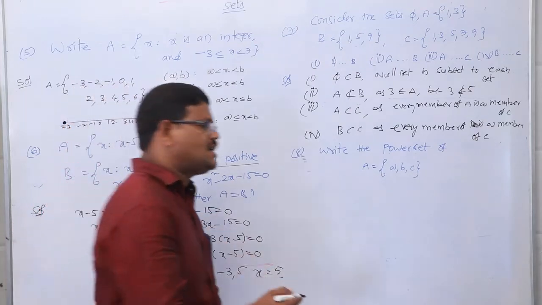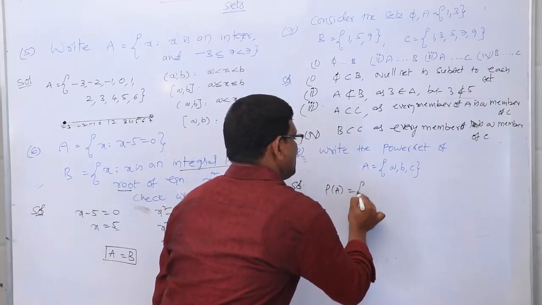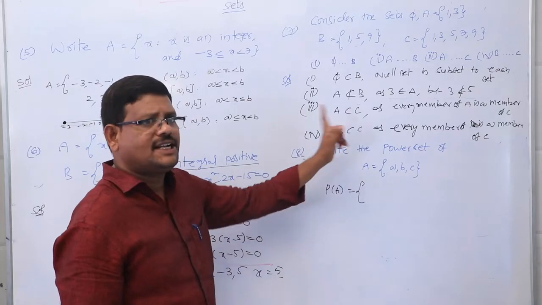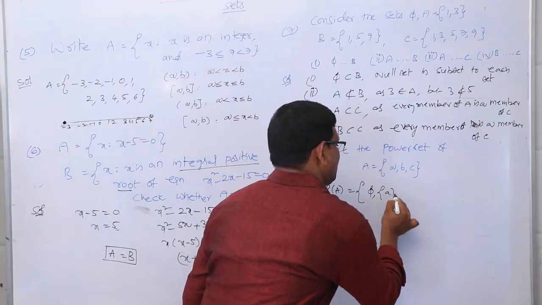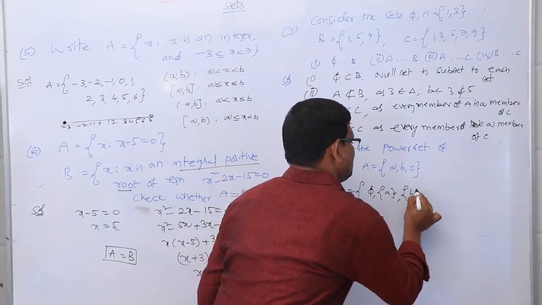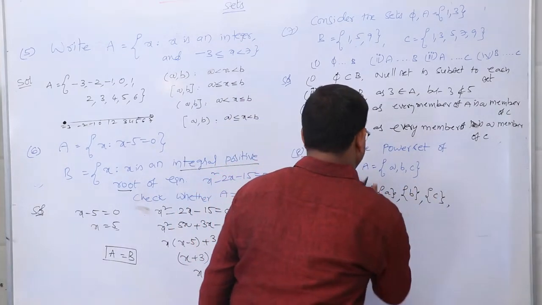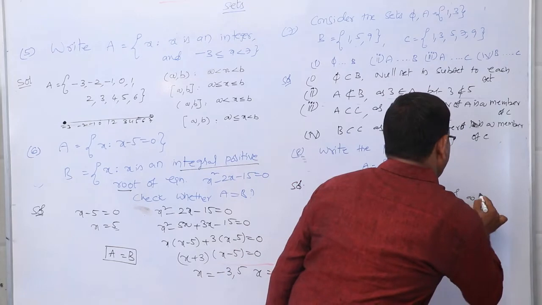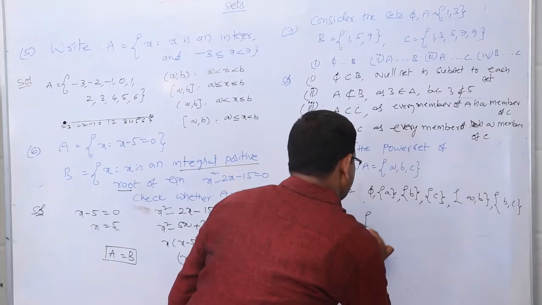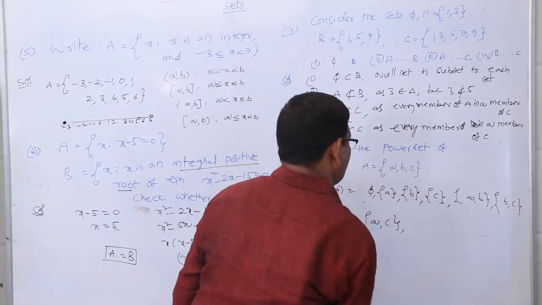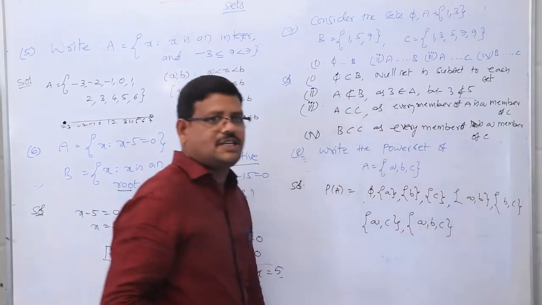The power set is denoted by P(A) = {∅ (the empty set is a subset of every set), {a}, {b}, {c}, {a, b}, {b, c}, {a, c}, {a, b, c}}.